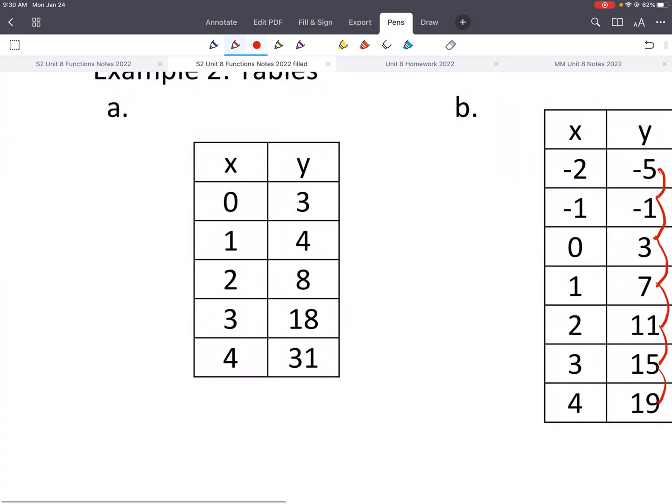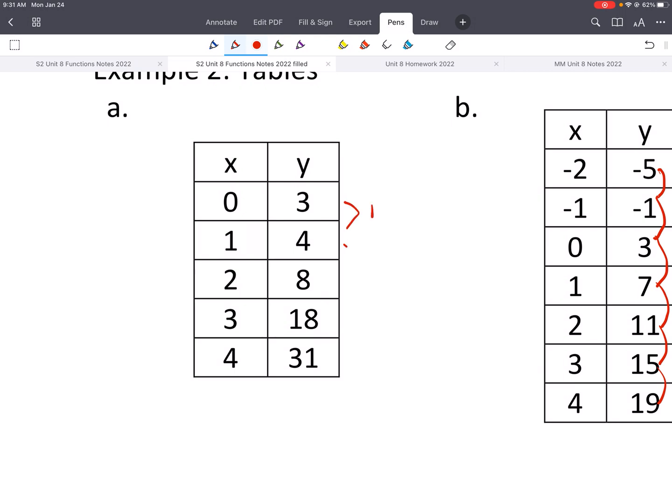And then for A, this one, you might want to say, ooh, is it exponential? It looks like it goes up and then up and up. But is it being multiplied by the same thing every time? So this would have to be multiplied by 4/3. And this would have to be multiplied by 2. So we know it's not exponential. So we might want to try first difference.